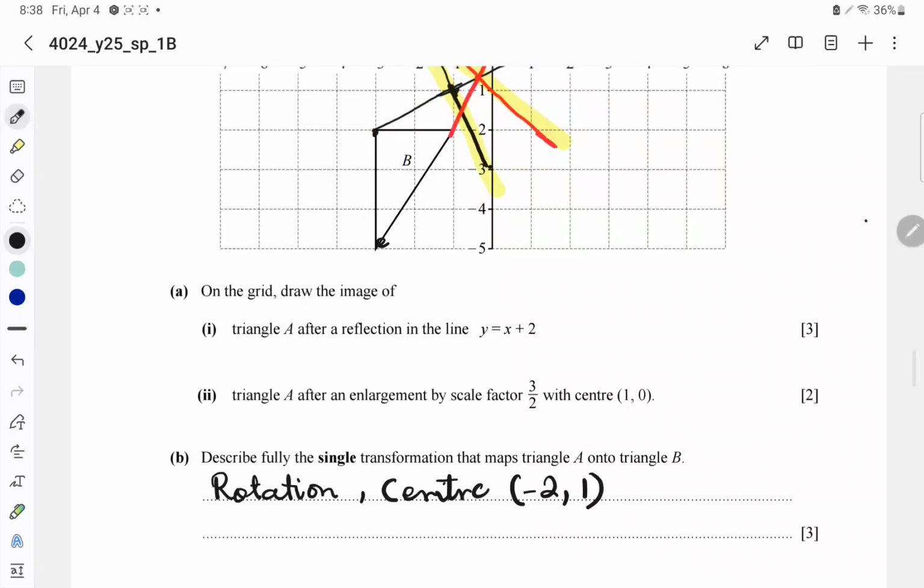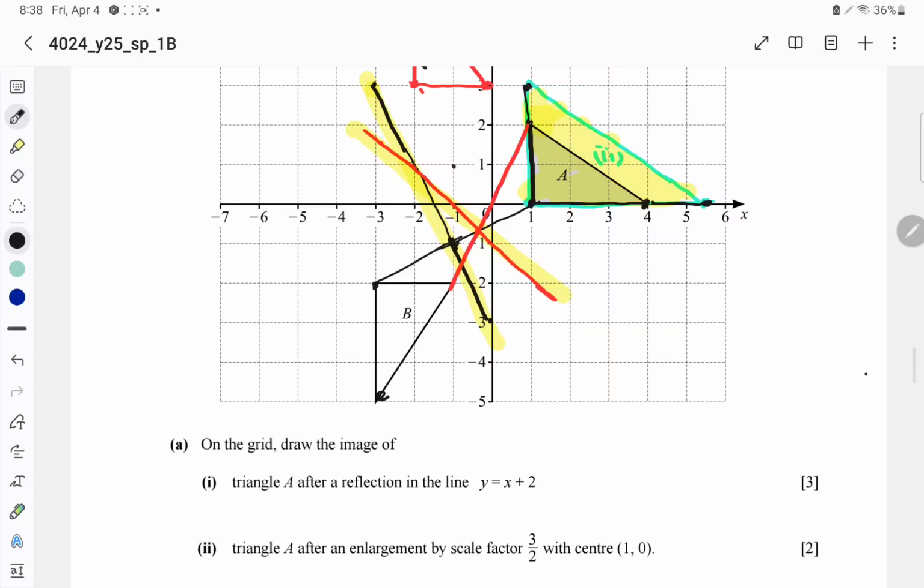Now we are looking at whether it is clockwise or anti-clockwise. I'm erasing this to identify whether it's clockwise or anti-clockwise. This is (-2, 1), which was the center.